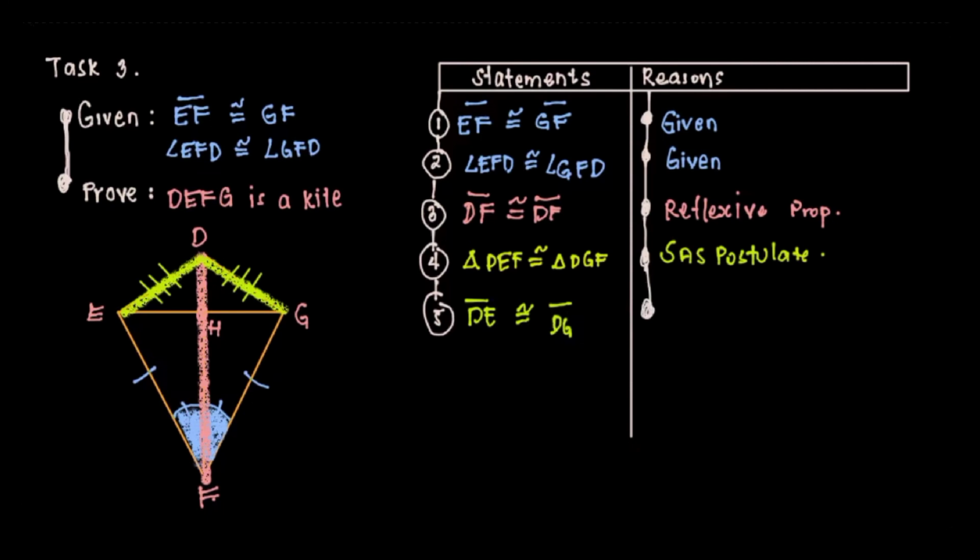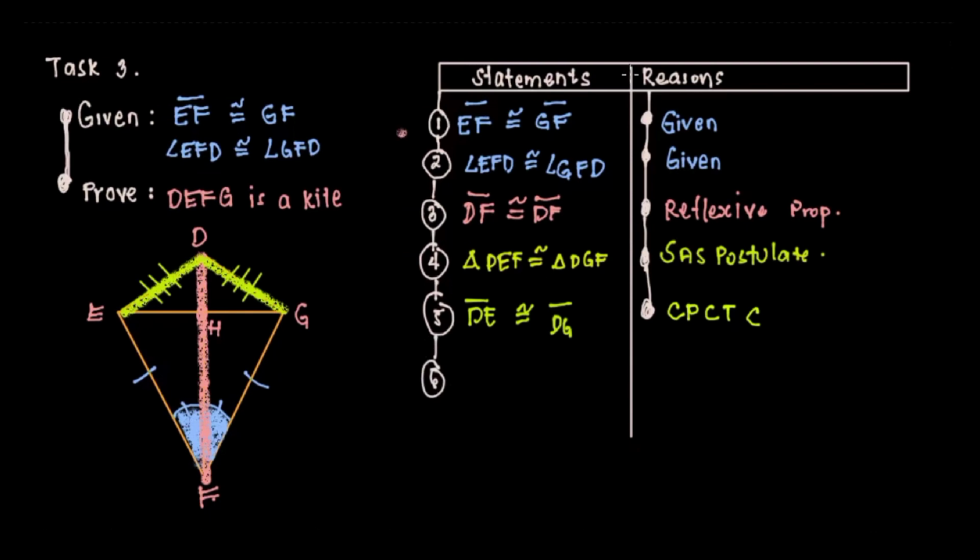So we can state the reason na yan ay CPCTC, or ang ibig sabihin yan, corresponding parts of congruent triangles are congruent. Okay? Dahil nga nanggaling yan sa dalawang congruent triangles. Okay? I hope naikuha niyo yung point na yon. Number 6.